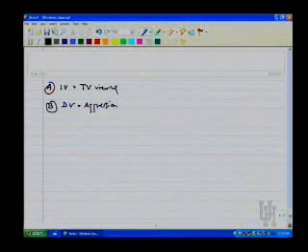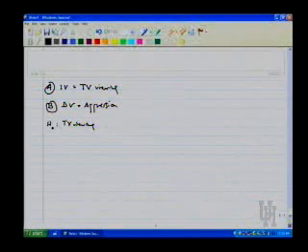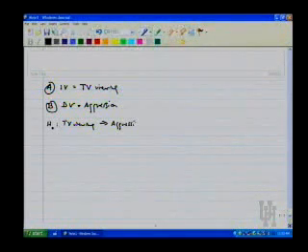So our argument is that the researcher is predicting that changes in TV viewing, amount of TV viewing, cause changes in aggression, displayed aggression.